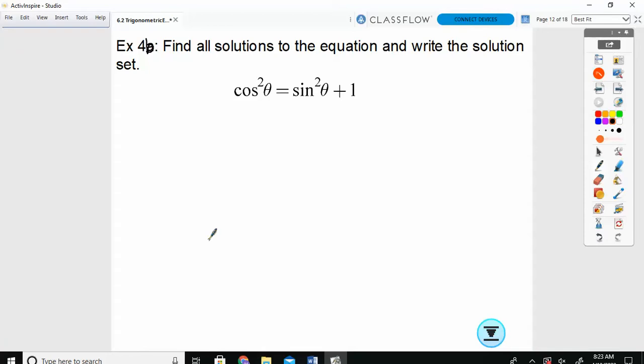We can do some of our proof stuff. Which one do you want to change? Either way, it's not going to matter. So if you replace sine squared x, what's sine squared equal to?